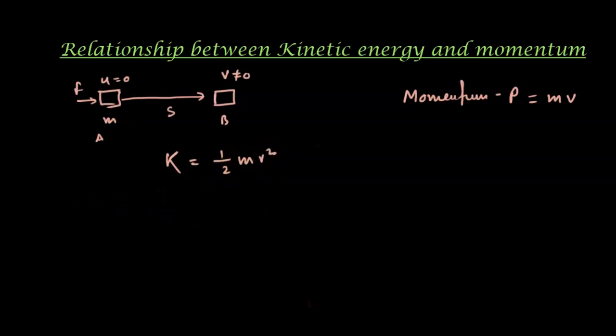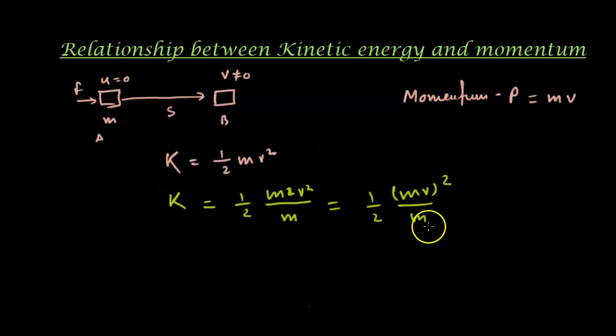Now we can write this kinetic energy in this way also: K equals half m, we can write m square and v square. Now I have given an extra m, so I need to balance it, so I'm dividing by m. Now we can write this as half mv whole square upon m.